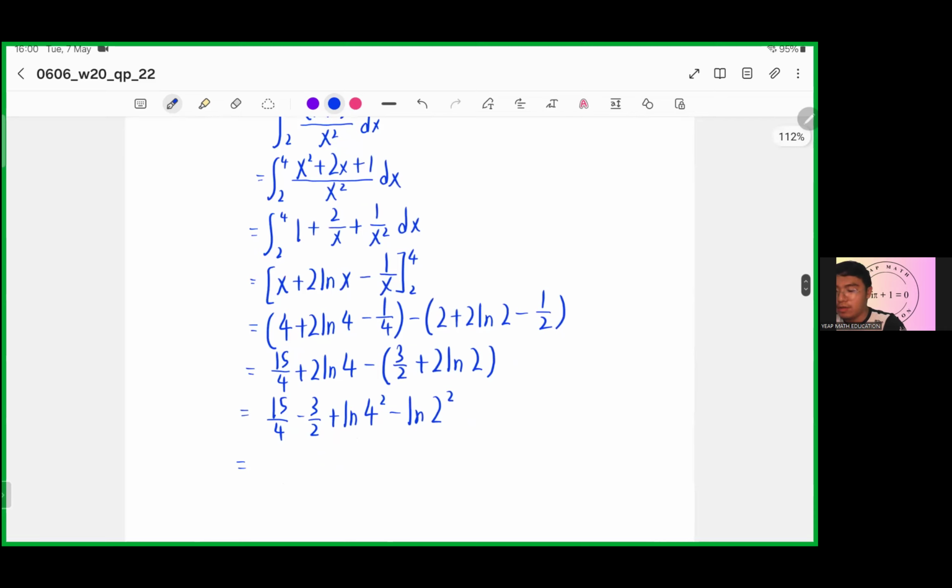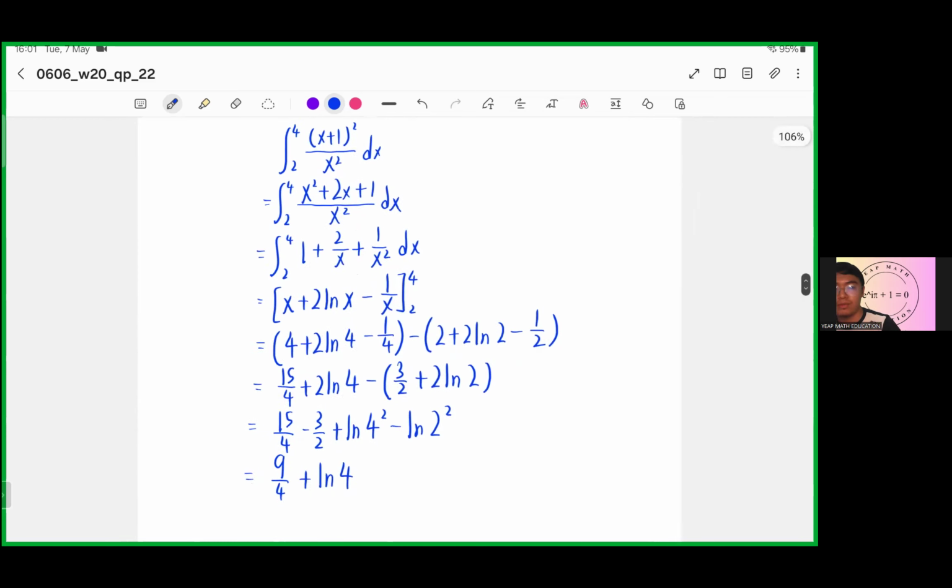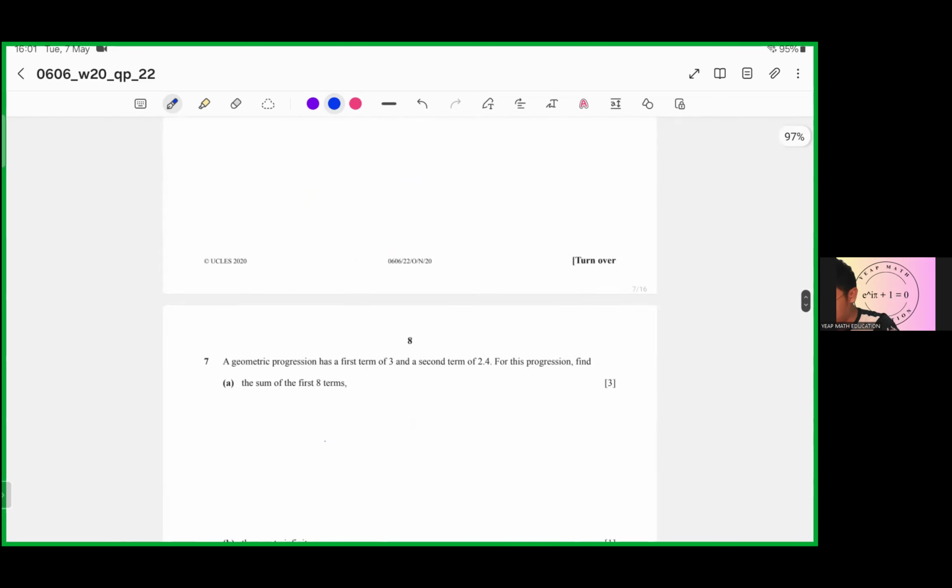Let's see the answer. This is 9 over 4 plus ln 4. Okay, now you can understand. So we see the next part.